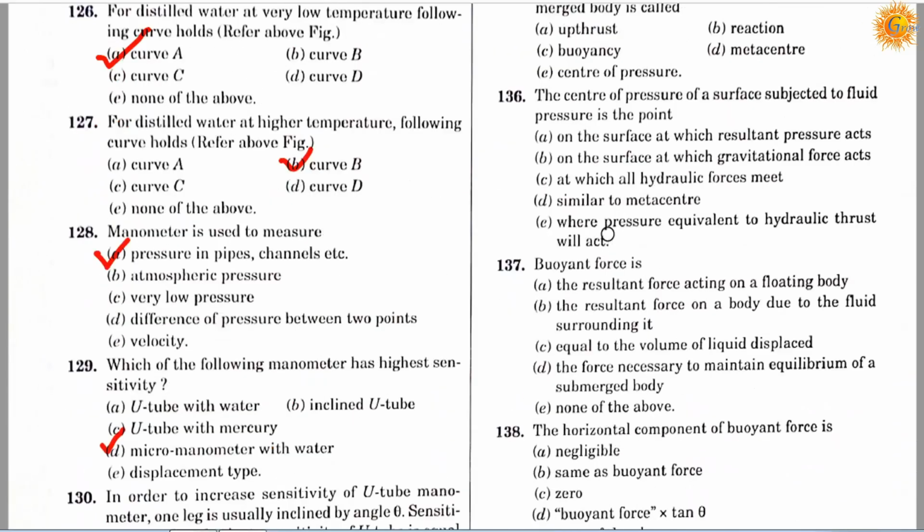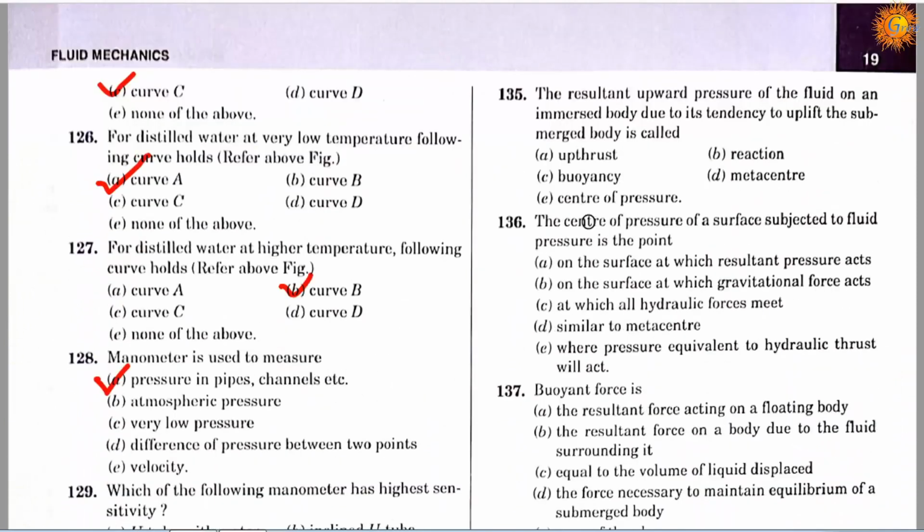Question number 135. The resultant upward pressure of the fluid on an immersed body due to its tendency to uplift the submerged body is called: option A, upthrust; option B, reaction; option C, buoyancy; option D, metacenter; and option E, center of pressure.